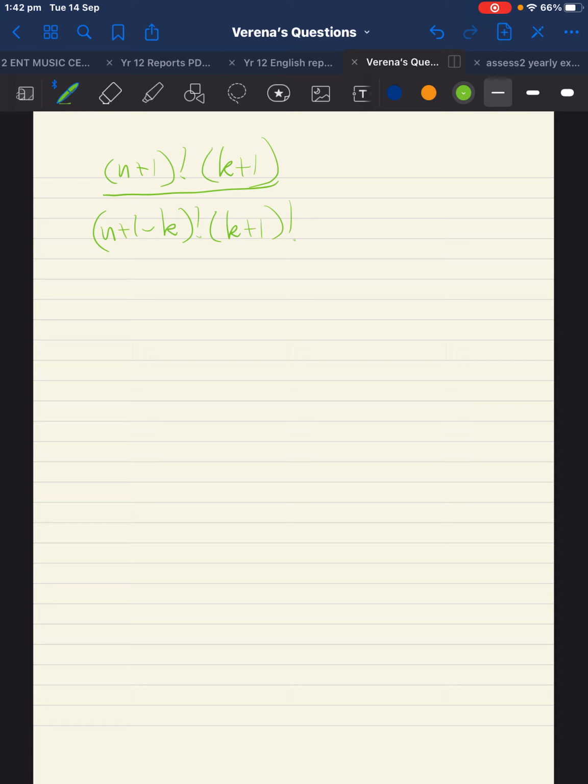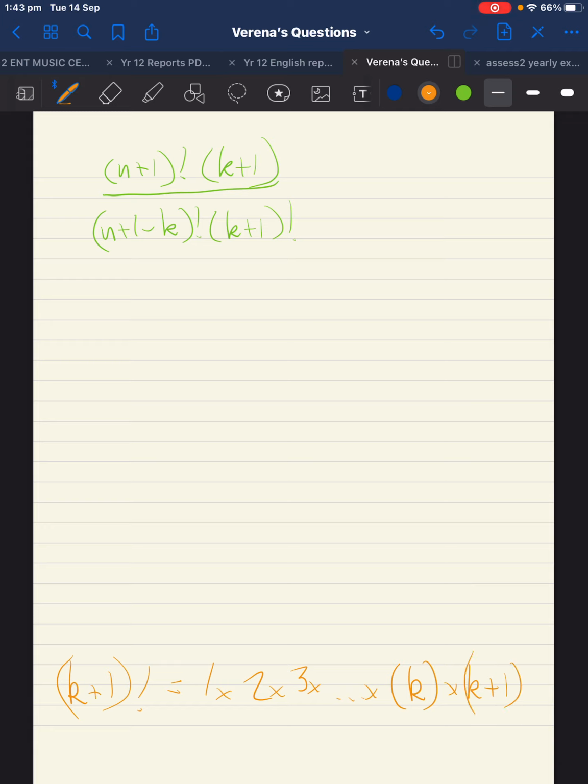We can see we've got this k plus 1's top and bottom. On the top we just had a k plus 1 term. On the bottom we had k plus 1 factorial, which, remember, is all the numbers being times right up to, and including, the k plus 1 term.